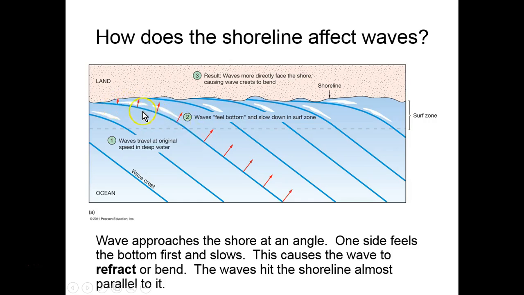So you have this curved shape of the wave now, right? Where this was the original direction that the wave is coming from, but as one side of the wave is in shallower water, that makes the wave bend, so that the wave is now facing the shoreline nearly parallel, and therefore the waves are breaking nearly parallel to the shoreline.